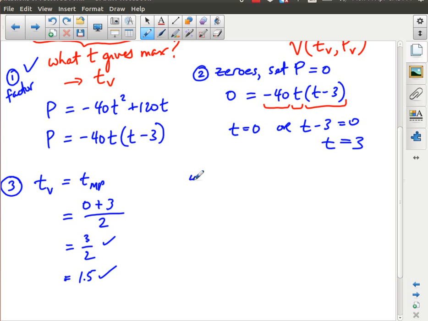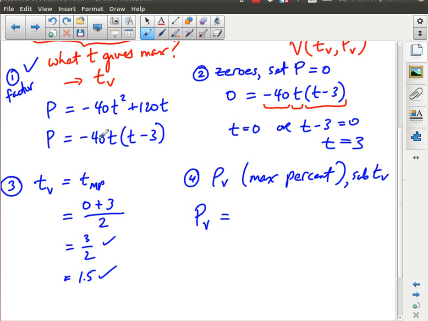And now we want to find what is my p value of the vertex, which is the max percent. And the way we do that is we sub it in. So the p value of the vertex, we're going to sub in the t value of the vertex. So we go to this equation. We can go to our original equation or we can go to our factored form equation. It actually doesn't matter. Rather than squaring this fraction or this decimal, I think I'm going to work with the factored form of the equation.